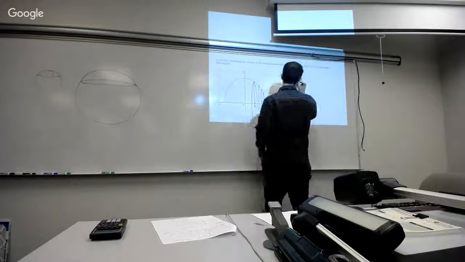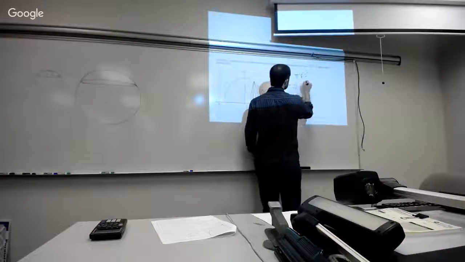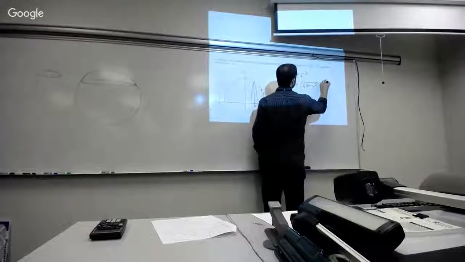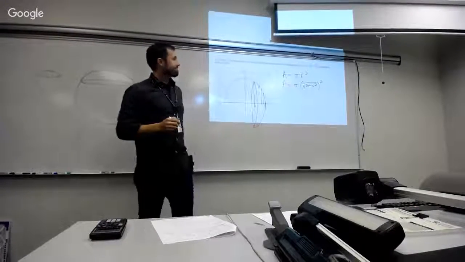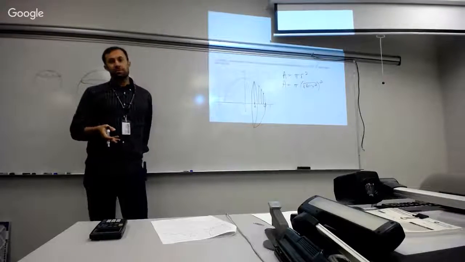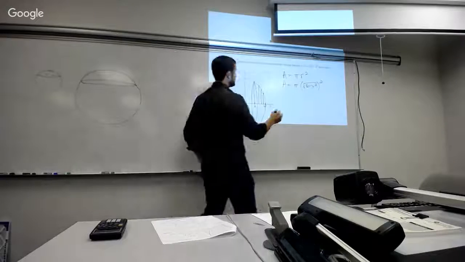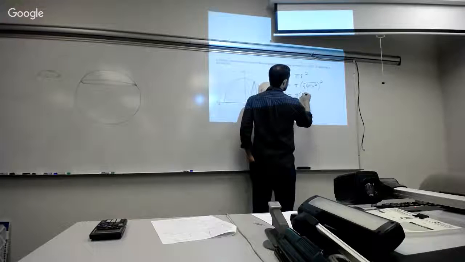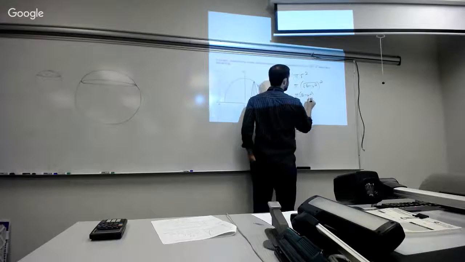So the radius is actually the square root of 16 minus x squared. This is exceptionally convenient because what happens when you square a square root? They cancel out. So the area of one cross-sectional circle is pi times 16 minus x squared.